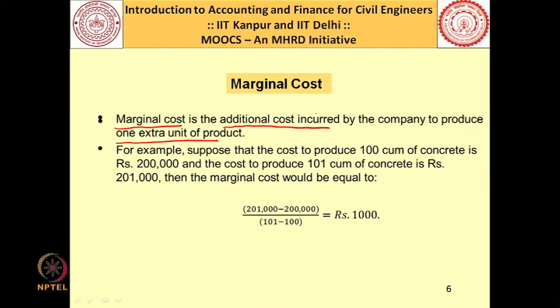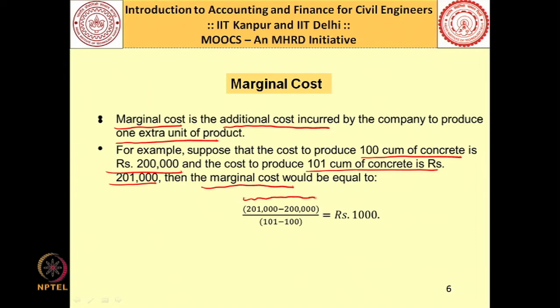Now, to understand this concept of marginal cost, just look at this example. Let us say the cost to produce 100 cubic meter of concrete is rupees 200,000 and the cost to produce 101 cubic meter of concrete is, let us say, rupees 201,000. So, we say that the marginal cost at this level is 201,000 minus 200,000.